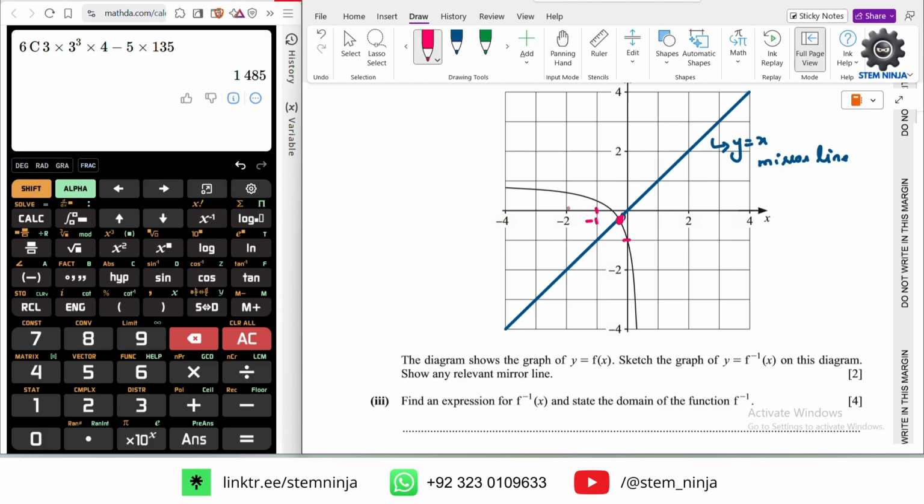And any other feature? On this side it will cross over here. Okay, so let's try. And this is almost 1, so it will come over here, and this will come over here.